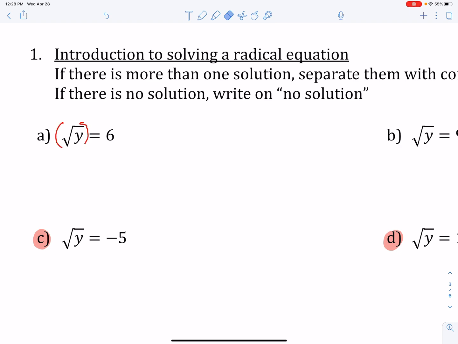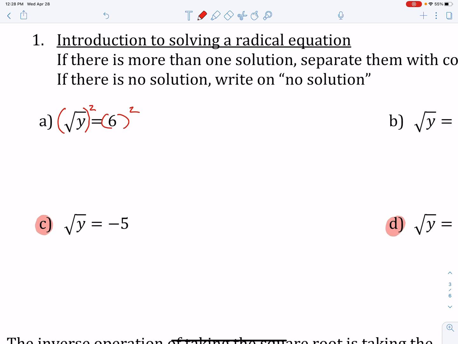If you make everything to the power of 2, it will remove that square root sign. And remember, an equation sign is basically a balancing beam. Whatever I do on the left, I have to do on the right. So I'll make that a power of 2. So y equals 6 to the power of 2, so I have y equals 36.